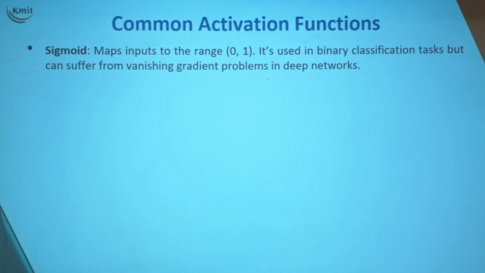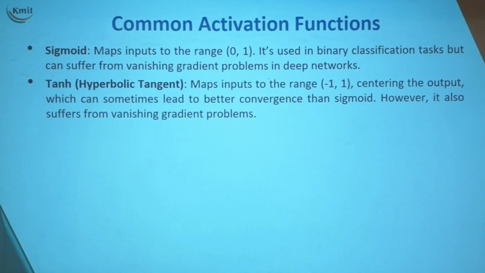Now leaf disease detection is which type of task? Binary. So which activation function do we use in the output layer? Sigmoid. Sigmoid is used in the output layer for binary classification. Okay. Next.